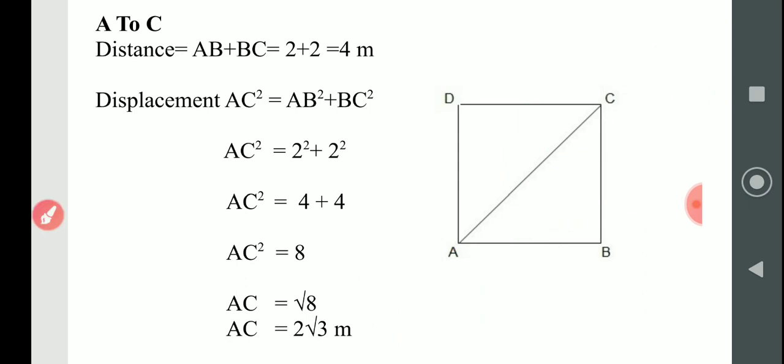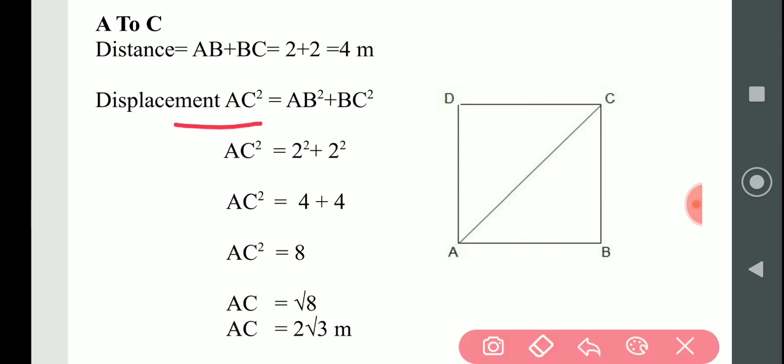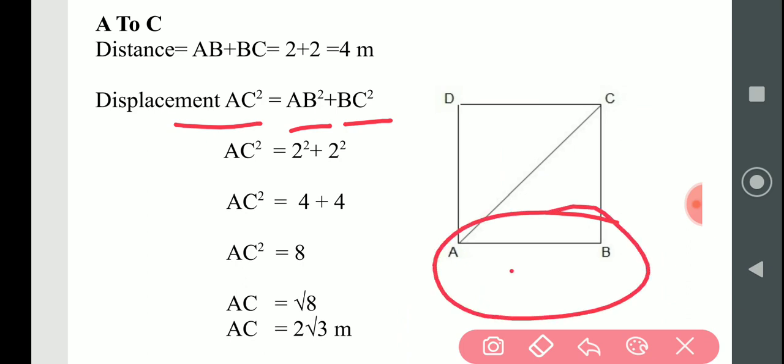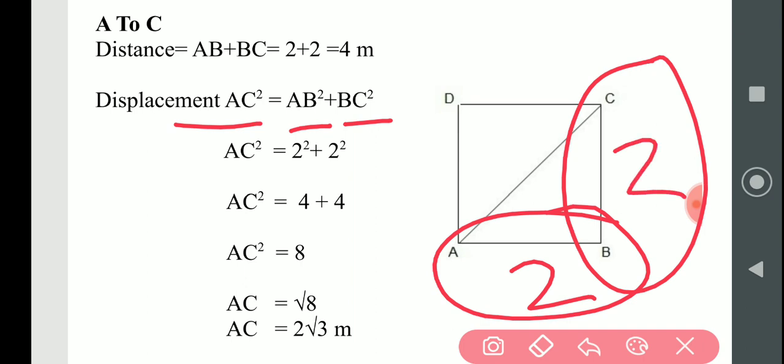So we can write AC square is equal to AB square plus BC square. What is the distance of AB? 2 meter. What is the distance of BC? 2 meter. So here in place of AB and BC, we can write 2 meter and 2 meter. So AC square is given by 2 square plus 2 square, which is 4 plus 4.